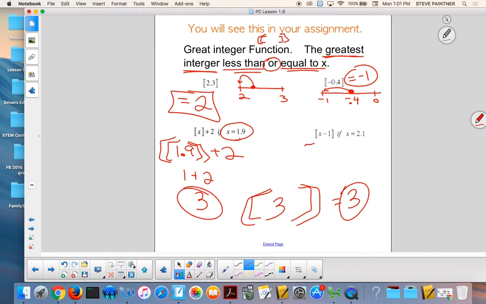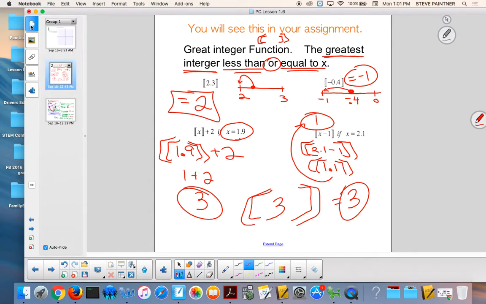We put a 2.1 in. We subtract 1, we get 1.1. What's the greatest integer less than 1.1 or equal to 1.1? The answer here is 1. Sorry, it got really messy there. You always back up. You okay with that?